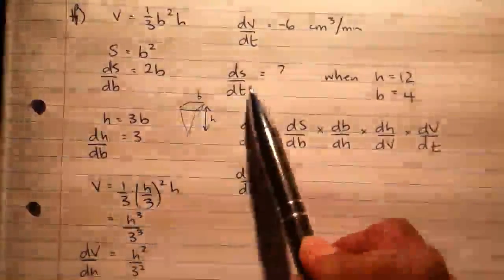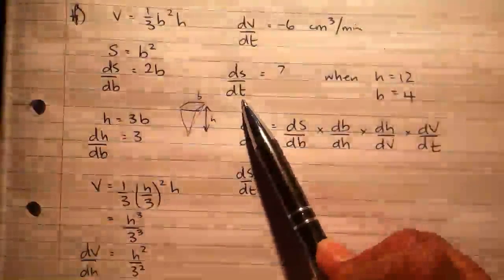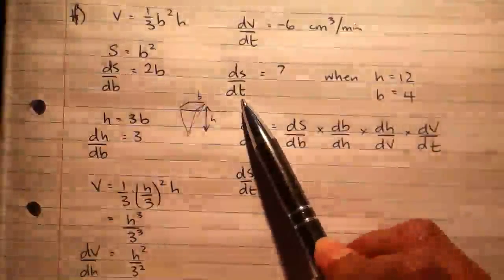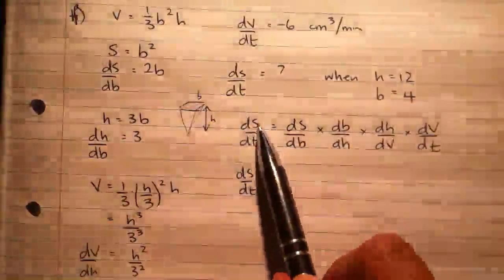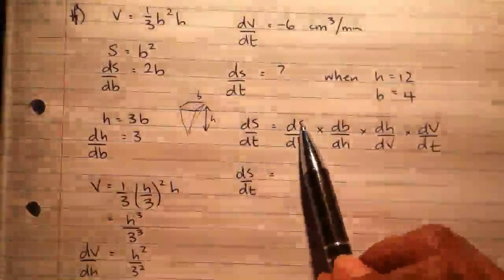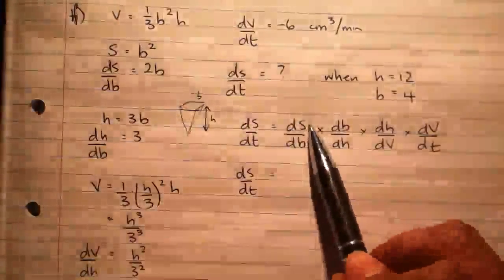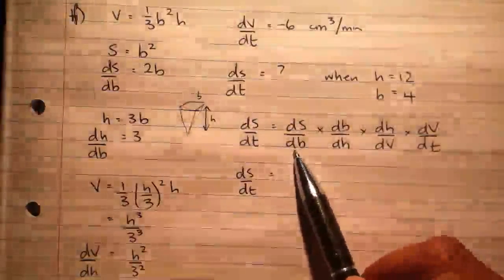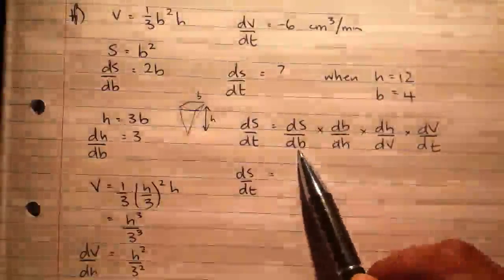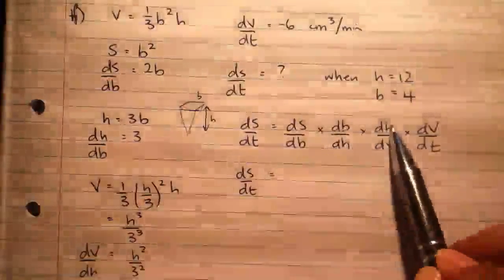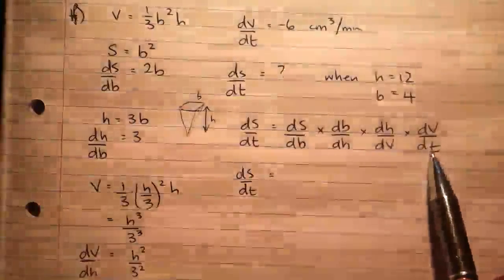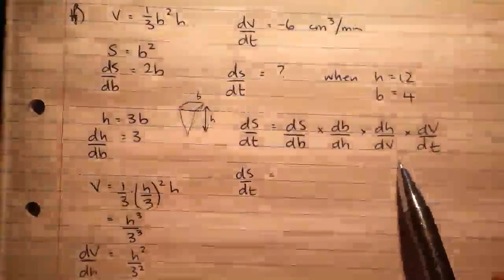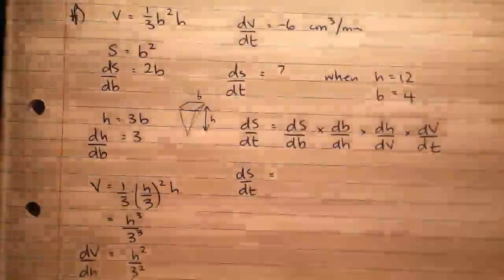Now, in order to find dS/dt, there are lots of ways to do this. I've set up a fraction relationship, so if I want dS/dt, I'm going to want dS in the numerator, and whatever is in the denominator cancelling out, so the dB is going to cancel, the dH is going to cancel, and dV is going to cancel. I'm left with just dS over dt. I'm doing that because I've got a whole lot of useful information.